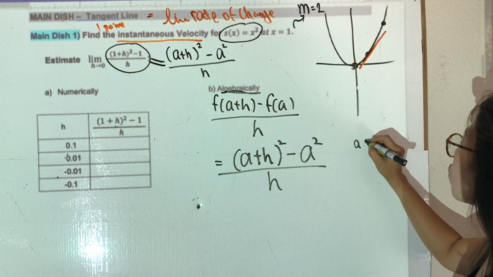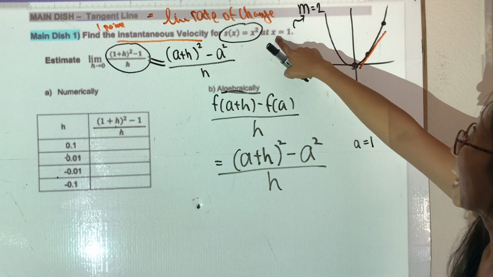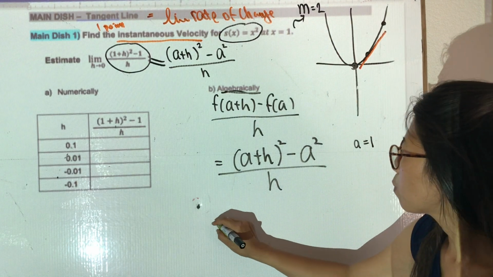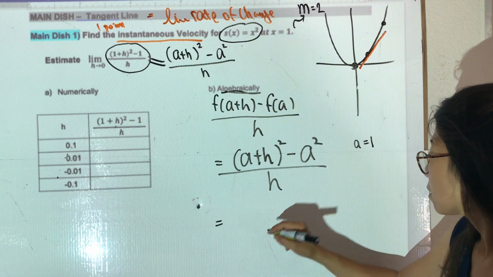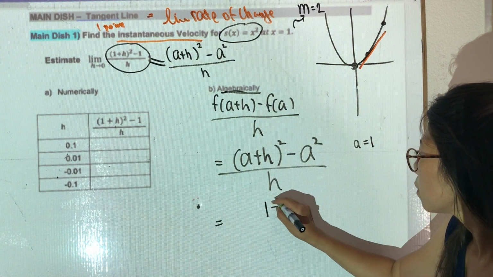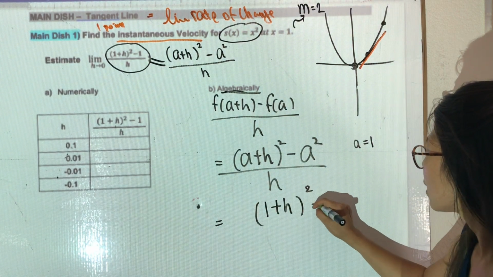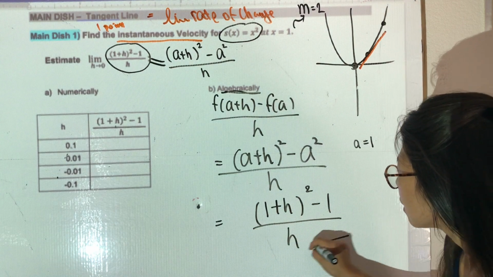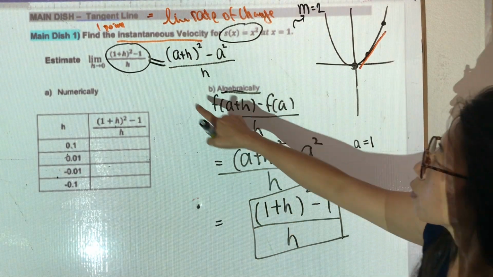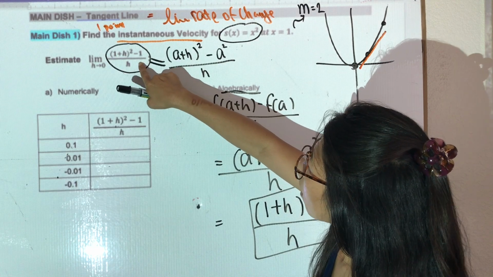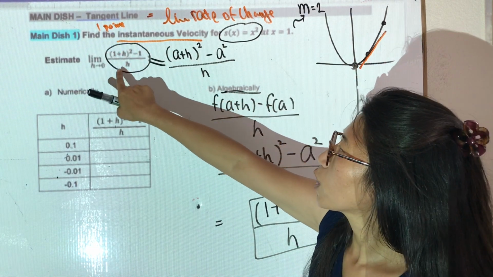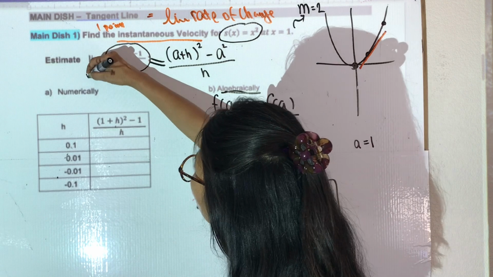So a is 1, which is the same as x is 1. If you plug in here, do you guys see that (1 plus h) squared minus 1 over h? Exactly, that's the rate of change. So they are asking what is the rate of change at 1? That's what I want you to see.